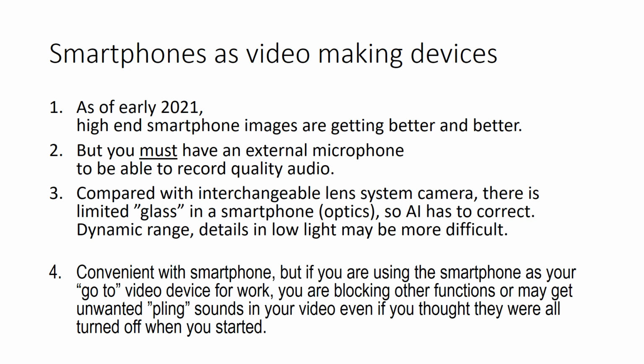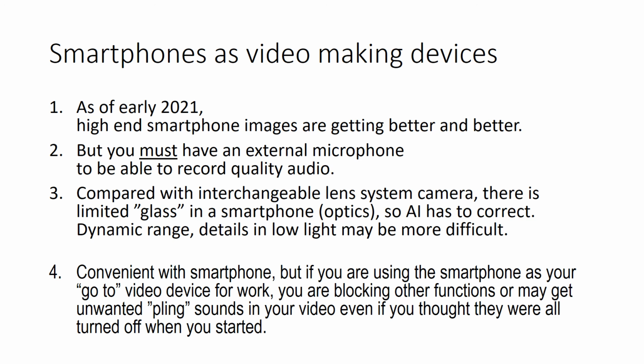And that's one of the reasons why, if you have a typical webcam which is producing 1080p, and you compare this to a system camera with also 1080p, the number of pixels is the same, but the image quality is quite different with the system camera because of the glass, but also because the size of the sensor is going to be bigger. So while it's convenient to work with a smartphone, perhaps, besides the image quality not necessarily being the same, and the audio quality not being all that great, you've locked up your smartphone.